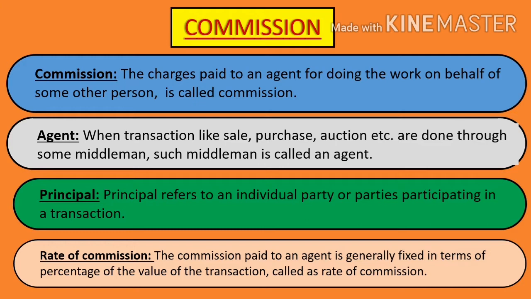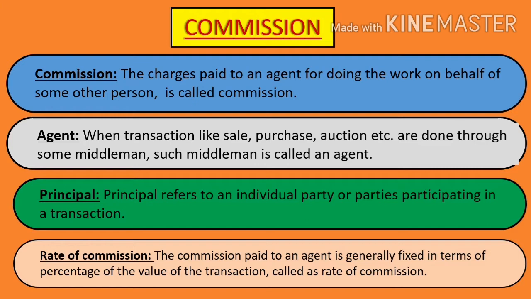So suppose you're selling a property through an agent for say rupees 50,000 and the rate of commission is 1%. Then you have to calculate his commission as 1% of 50,000. So this 1% is called his rate of commission. Clear? So we have seen what is commission, what is agent, what is principal and what is rate of commission.